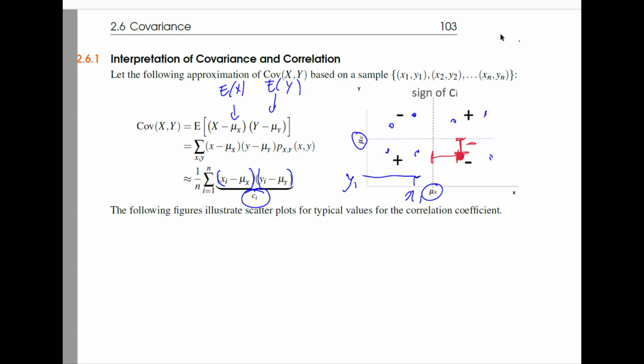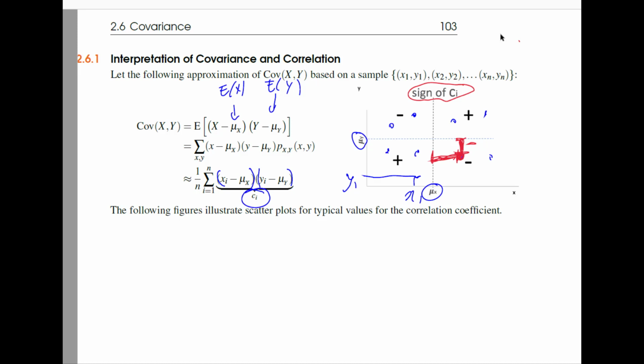Now, the reason we're doing this is that we want to know the sign of the CIs. That's why we have it here. In this quadrant right here, you see that the sign of CI is negative because we're multiplying this length that is positive with this one that is negative.